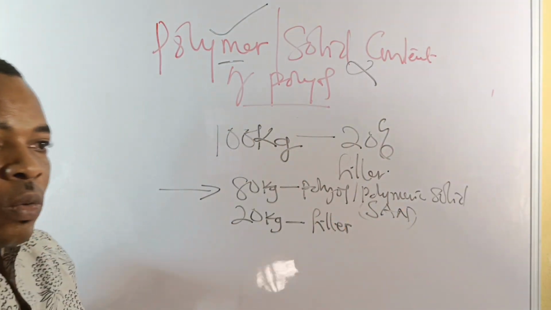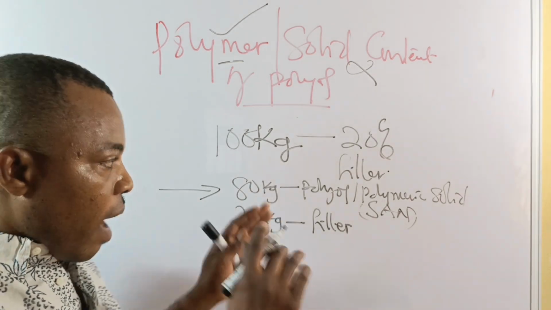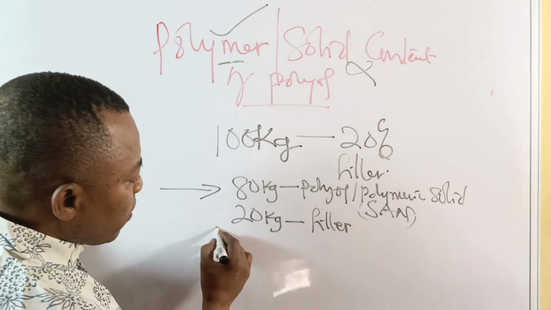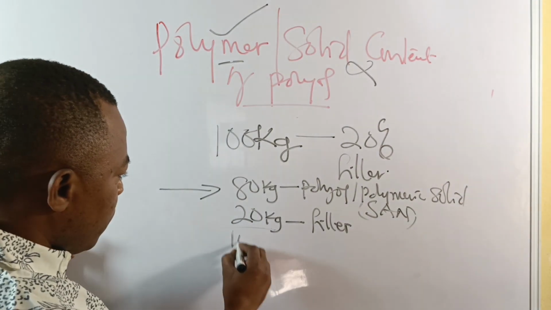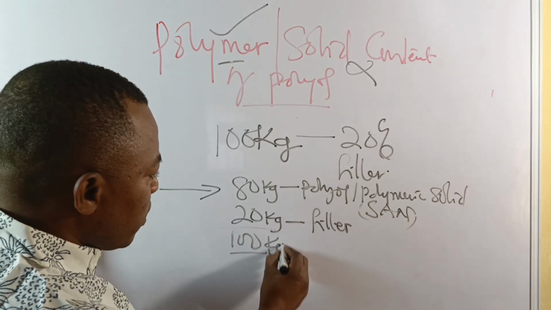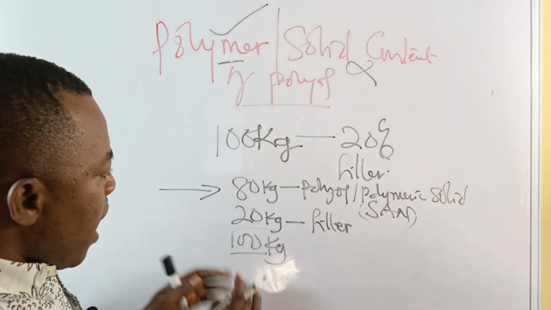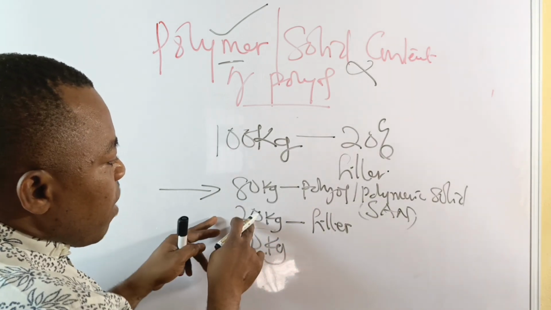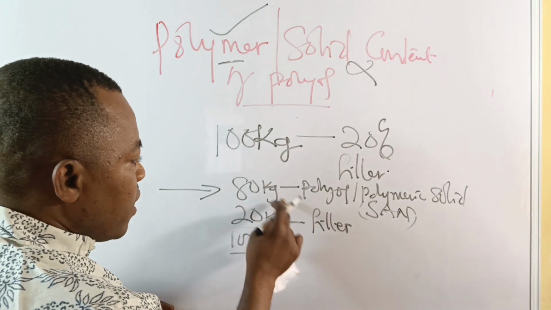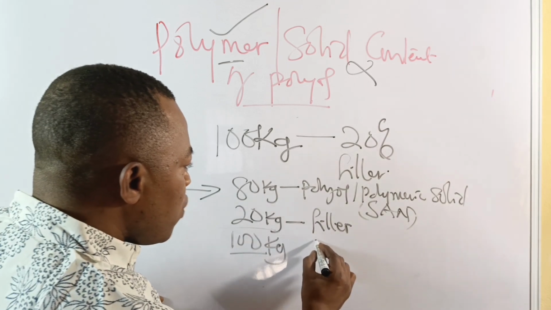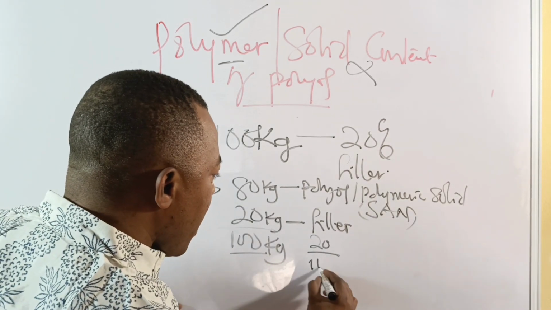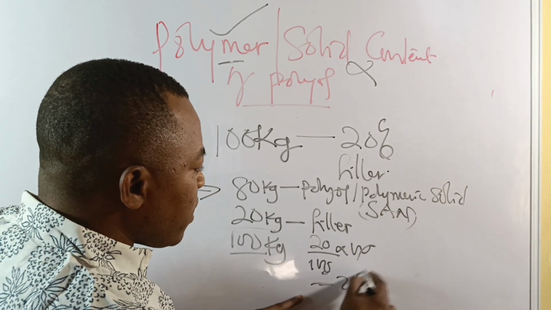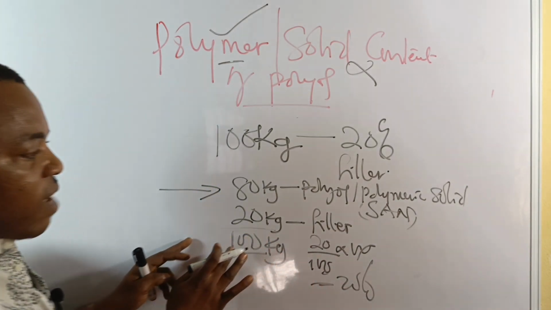So that is how it is carried out professionally. Then look at this. Now, this plus this will give you 100 kg. We still arrive at the total kg. So by the time you are calculating the percentage of this filler, that will be 20 divided by 100 times 100. When you take this one, you have 20%. So 20% is added here.